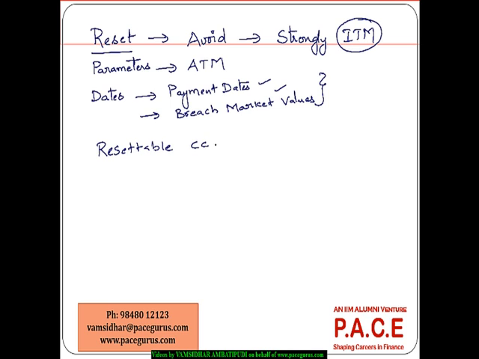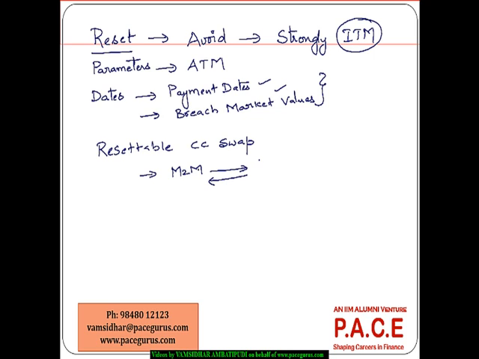I'll take an example of a resettable cross currency swap. Let's say the currency swap is resettable. I am looking at what generally happens in a typical cross currency swap. Whatever is the mark to market value of the swap, it is actually exchanged at the reset value.